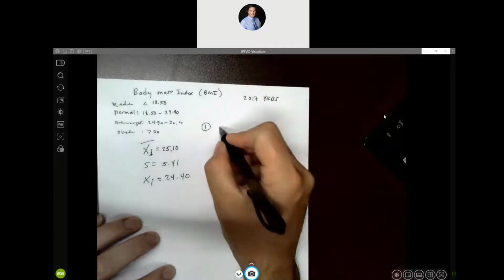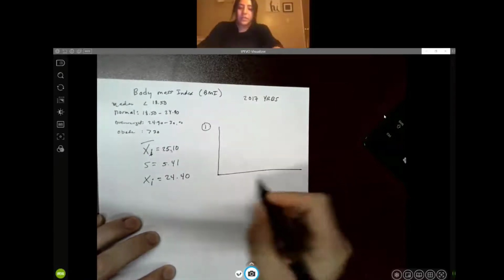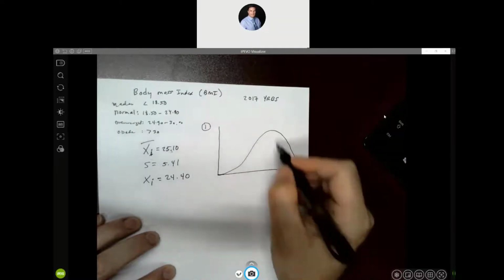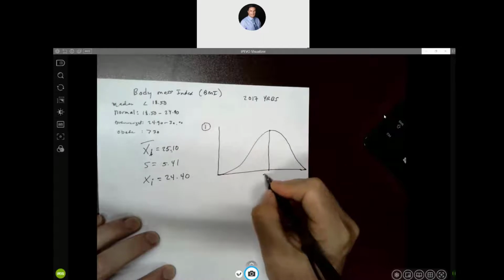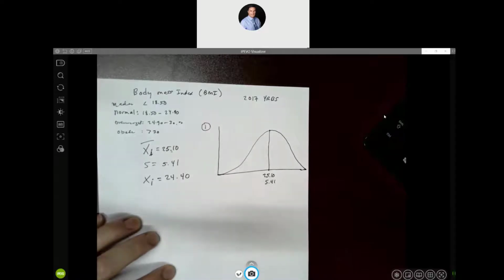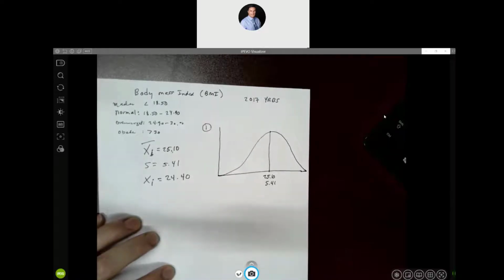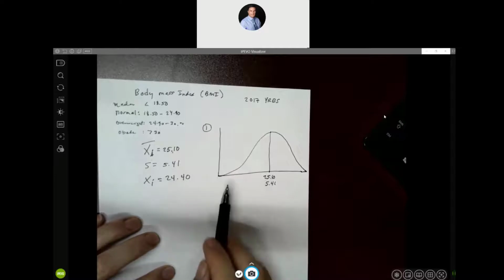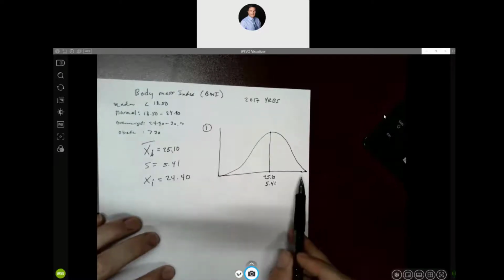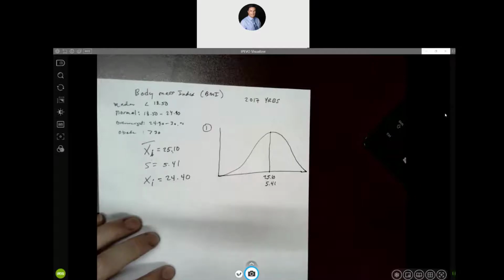So what we're going to do is draw what looks like a normal distribution. We're going to put in the mean, which is 25.10, and the standard deviation, which is 5.41. And then we're going to plot my wife's BMI along this distribution of scores.